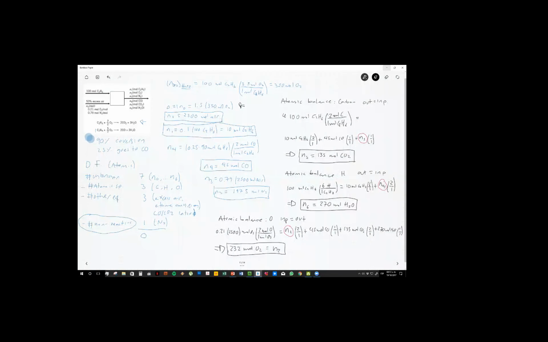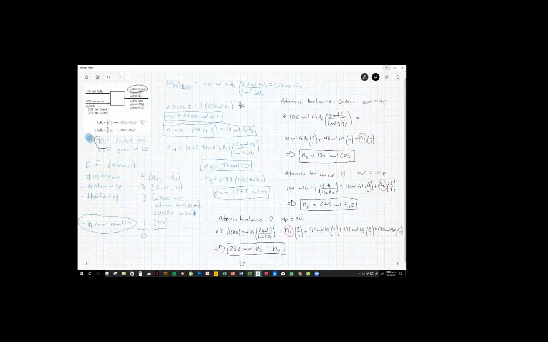Oh, okay. And the one in the bottom? The atomic balance of oxygen? No, the one that says N1 equals 0.1 times 100 C2H6. Okay. N1 is the number of moles of ethane, right? At the outlet of the reactor, yes. Of the combustor, in this case. So the 0.1 is the amount that didn't react, right? 10% didn't react.